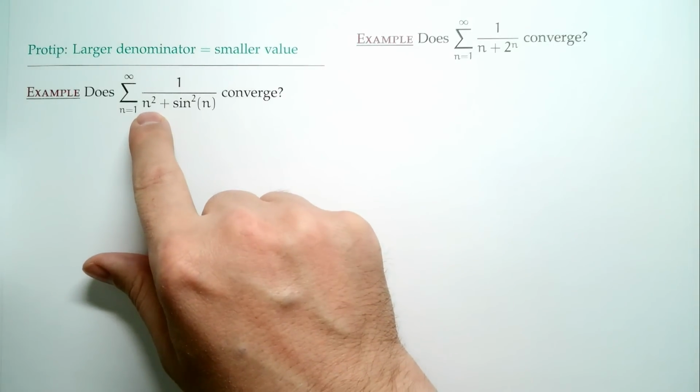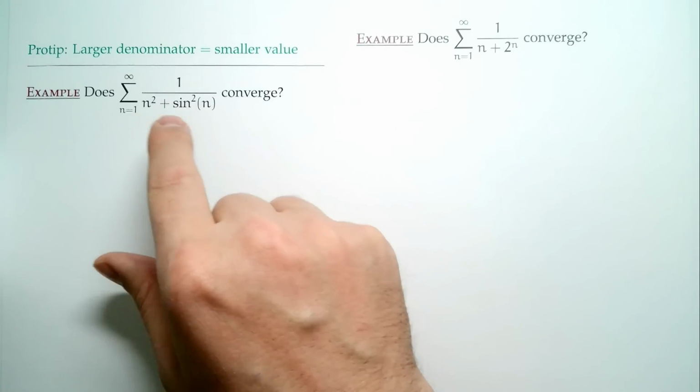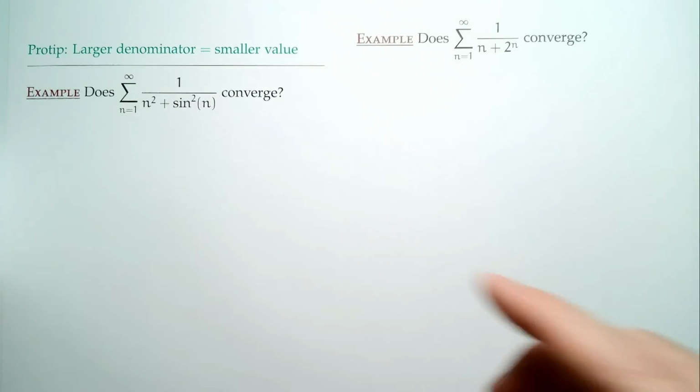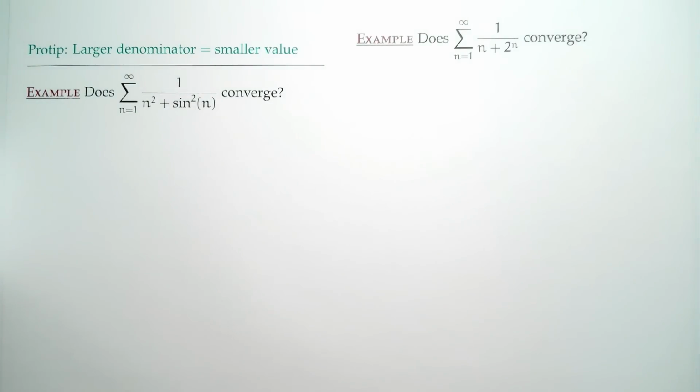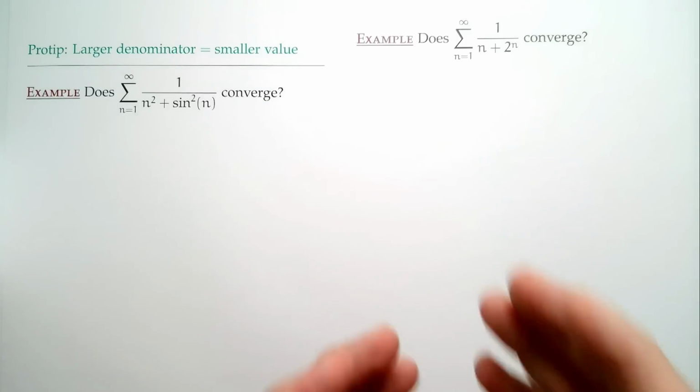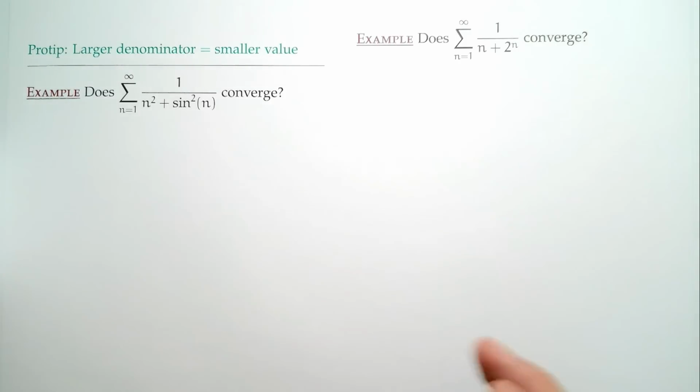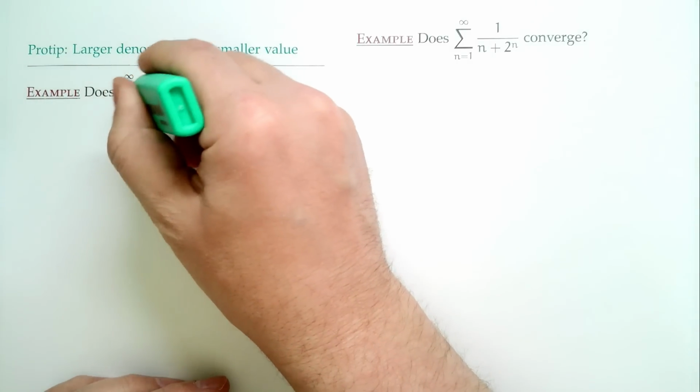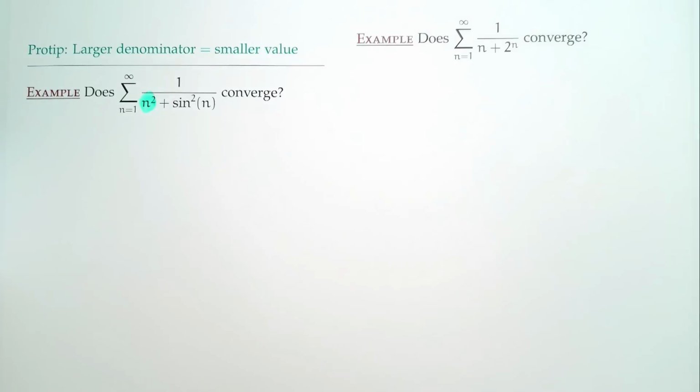Well, 100 squared is pretty big. Sine squared of 100, though, can't be very big. See, sine squared, regardless of what you plug in, is always between 0 and 1. So what that's signaling to us is, hey, this n squared, in essence, is what's driving the behavior.